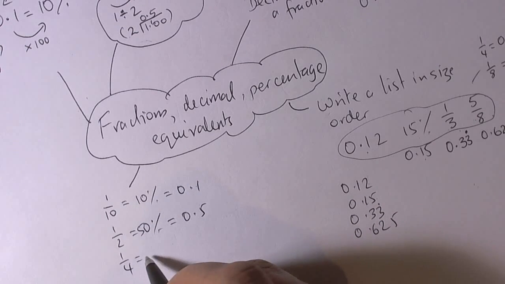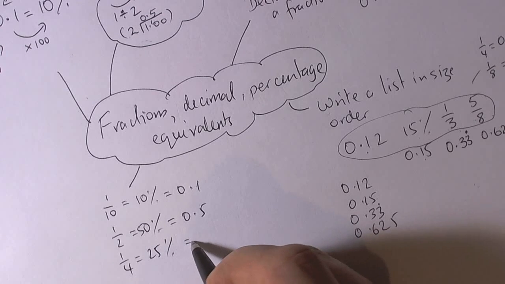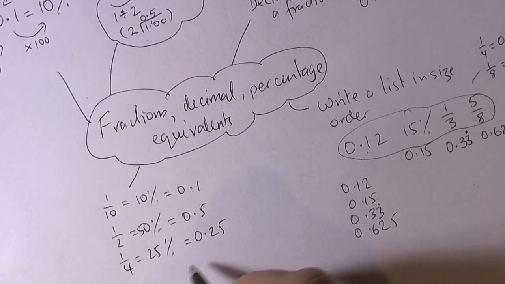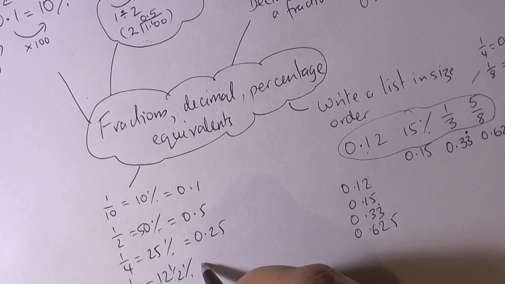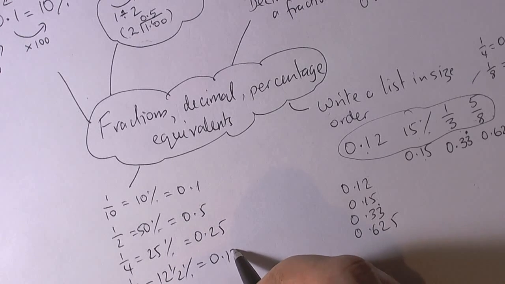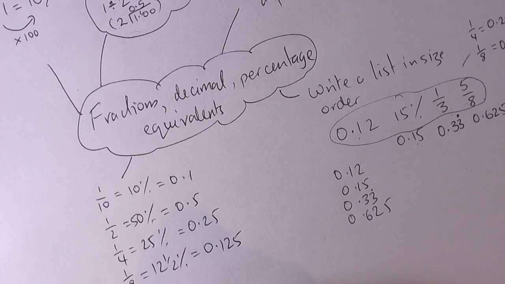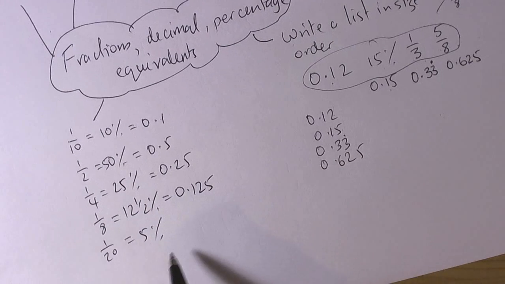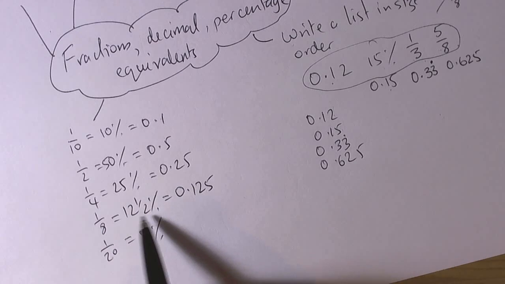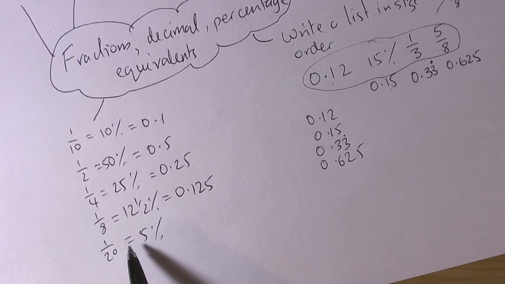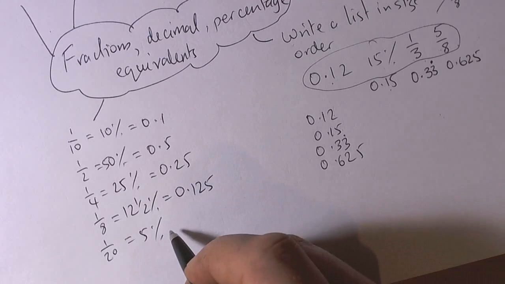A quarter, 25%, 0.25. An eighth, 12.5%, 0.125. A 20th, 5%. And again, some ways to remember these is 20 times 5 is 100%, so the whole is always 100%.